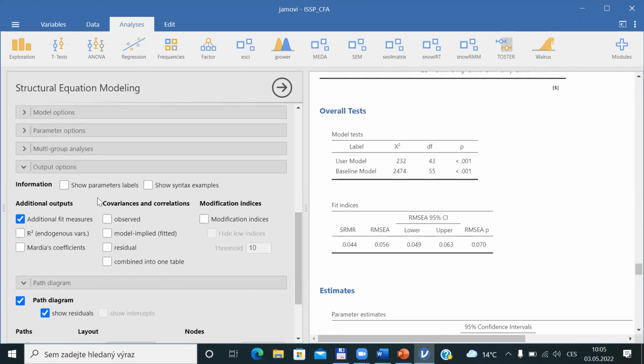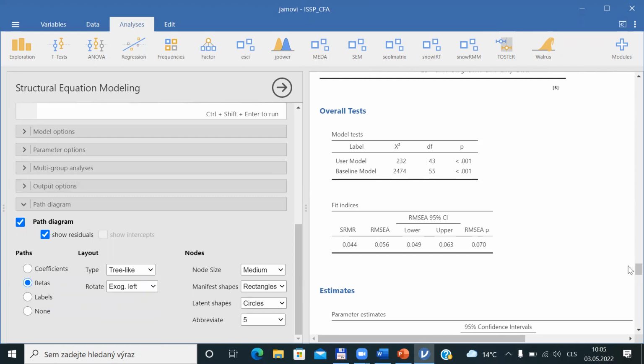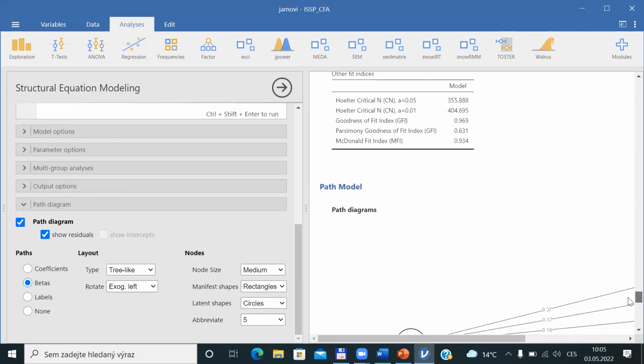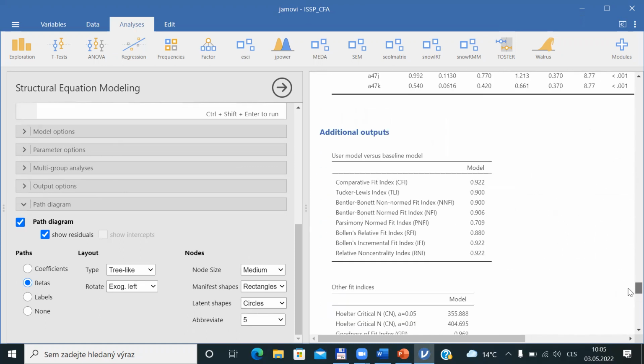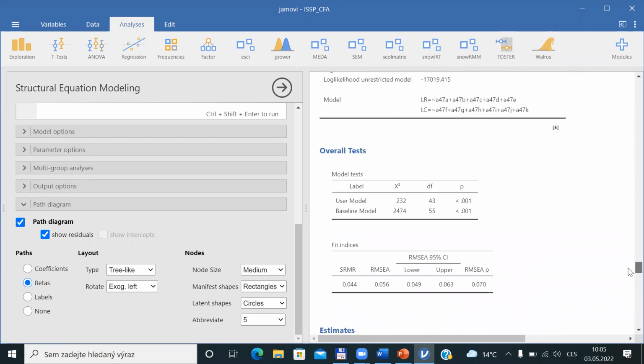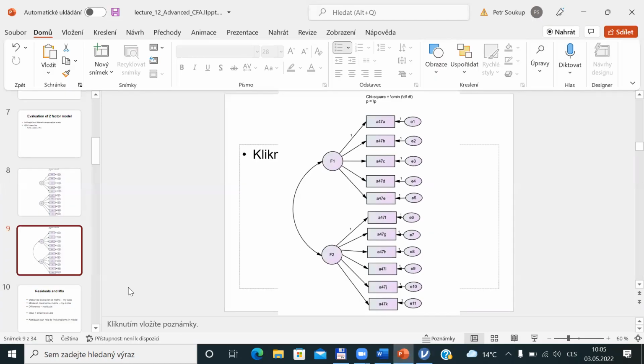So maybe they are not default outputs here. I will check once again. Here we have only estimates, additional outputs. So AICs and BICs are not present here. Sorry for that. We wouldn't be able to use these for comparisons. So that's all for this comparison.